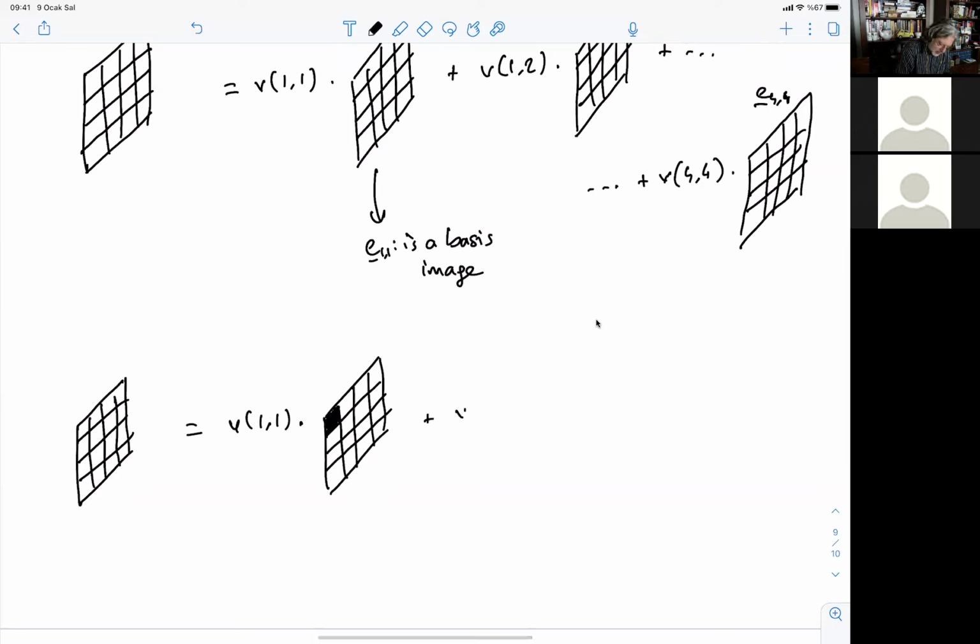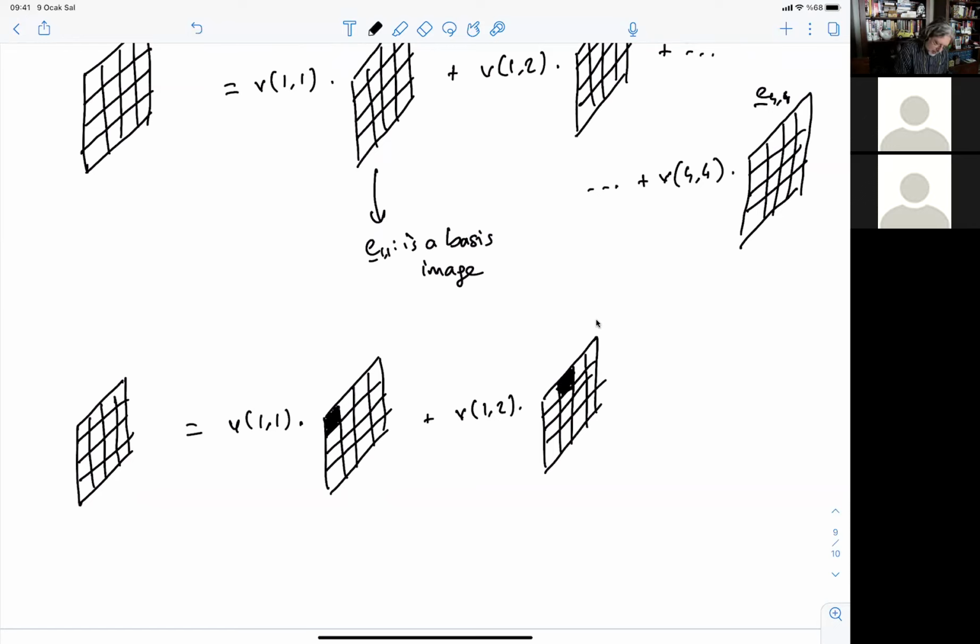And then plus V12 times the second basis image, which will be 1 in the second pixel in the raster scan order, and all the others are 0. So the basis images are essentially ones at the position of the raster scan in the first row 1, 2, 3, 4, then in the second row 1, 2, 3, 4, in the third row, and the last row 1, 2, 3, 4.